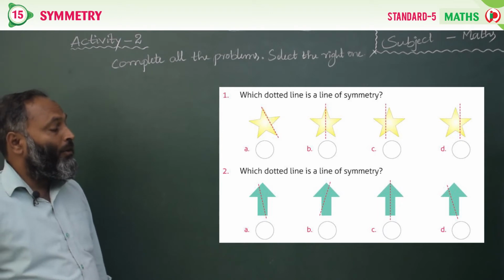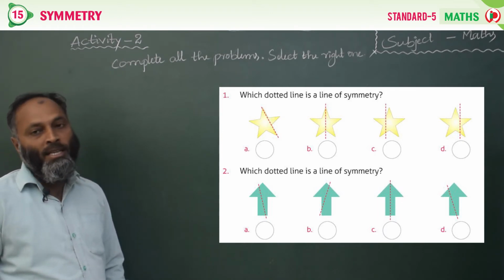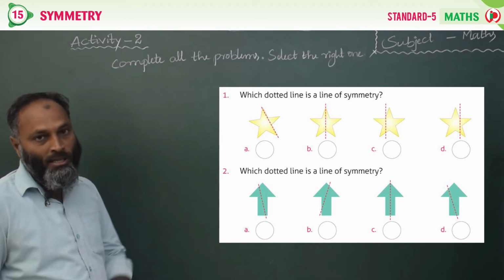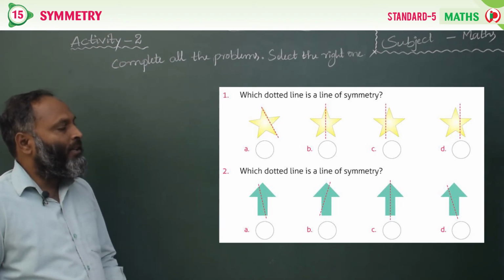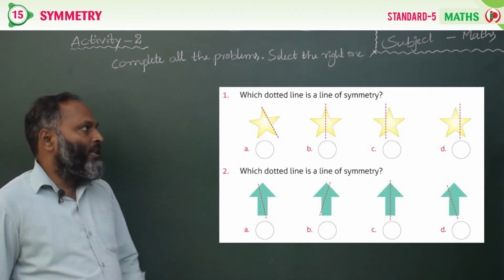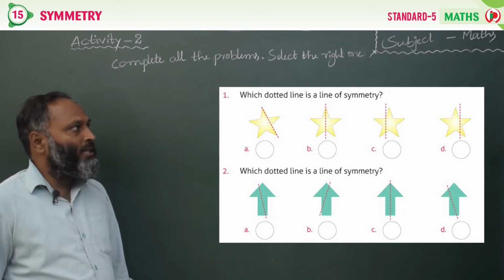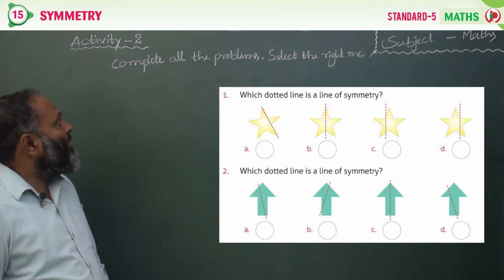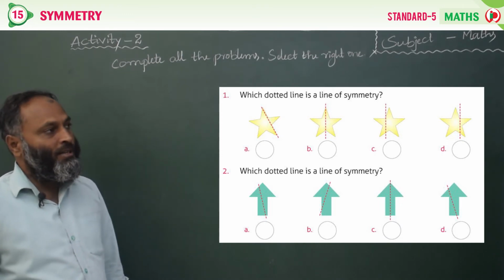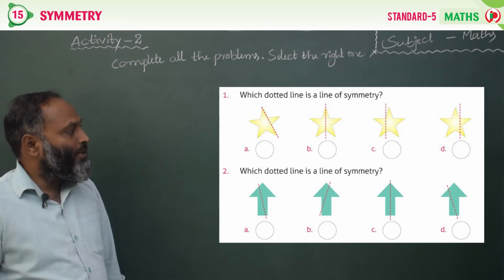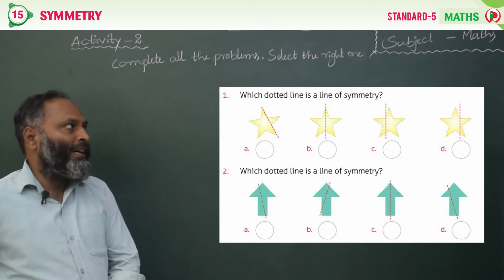Here a total of 4 stars are given: the first, second, third and fourth. He is asking which one is the line of symmetry. If you see the first one, that is a slanting line.